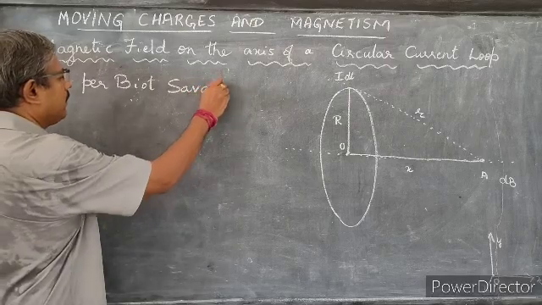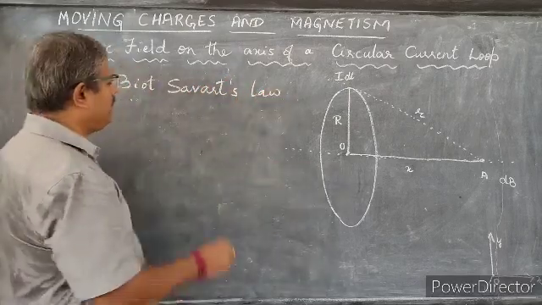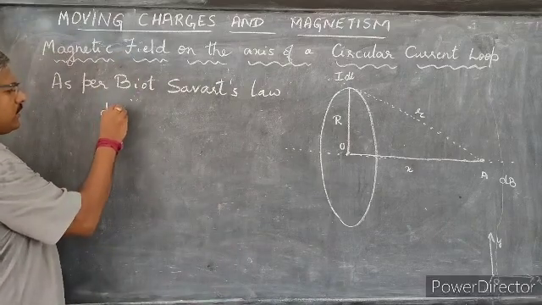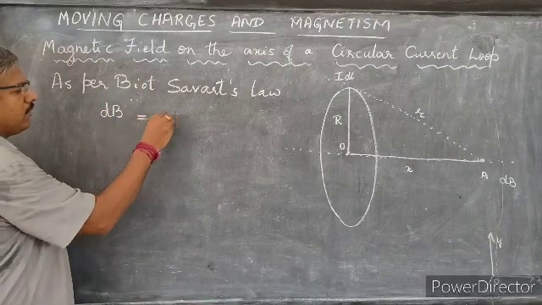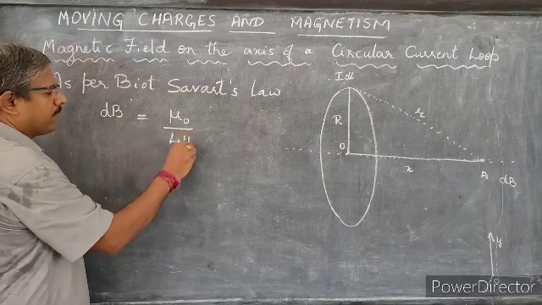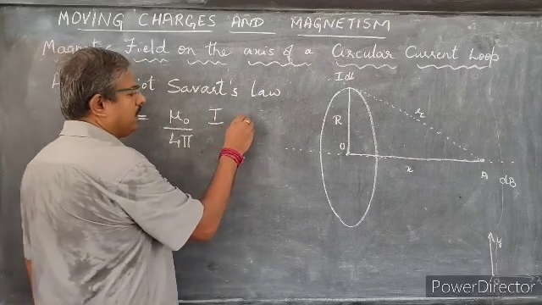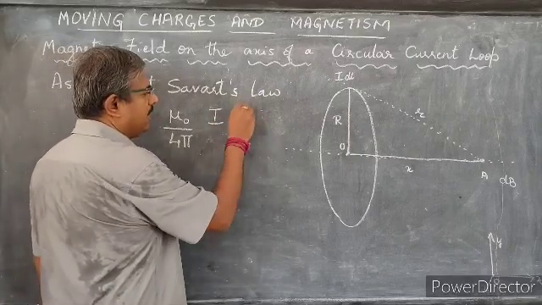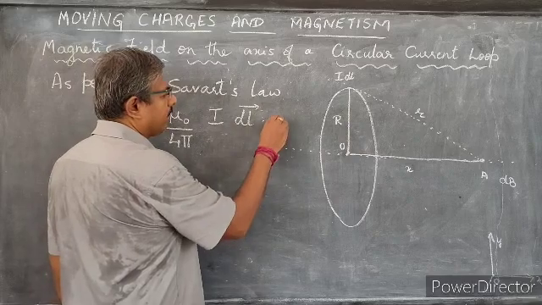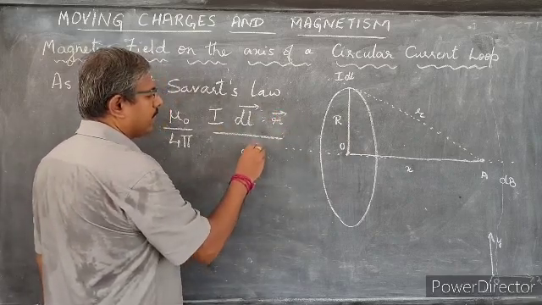By the Biot-Savart law, what do you think the value of dB would be? So dB is mu naught by 4 pi into I into the vector product of dl and r, divided by r cubed.